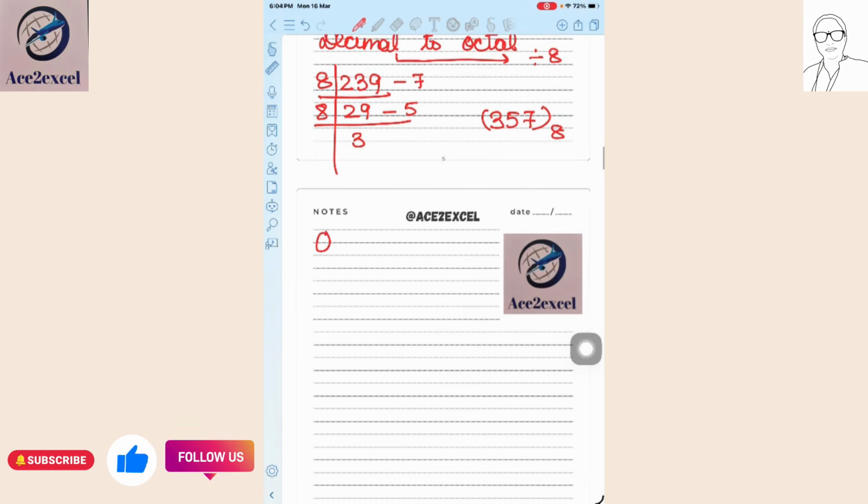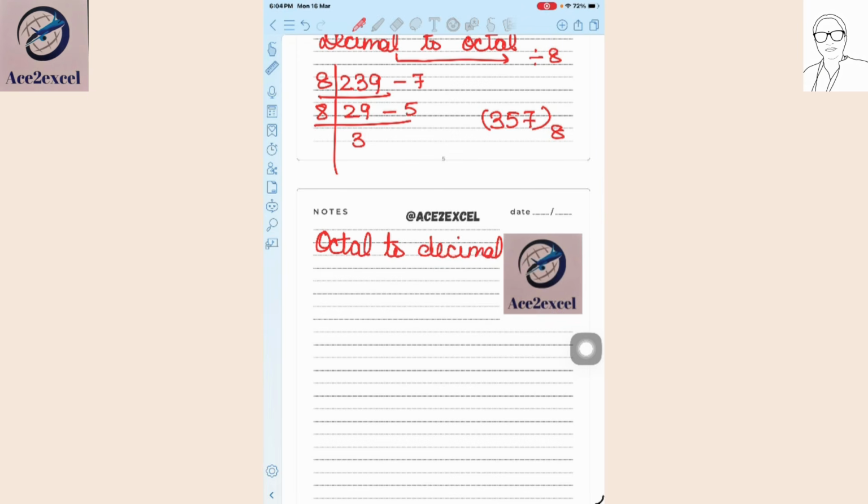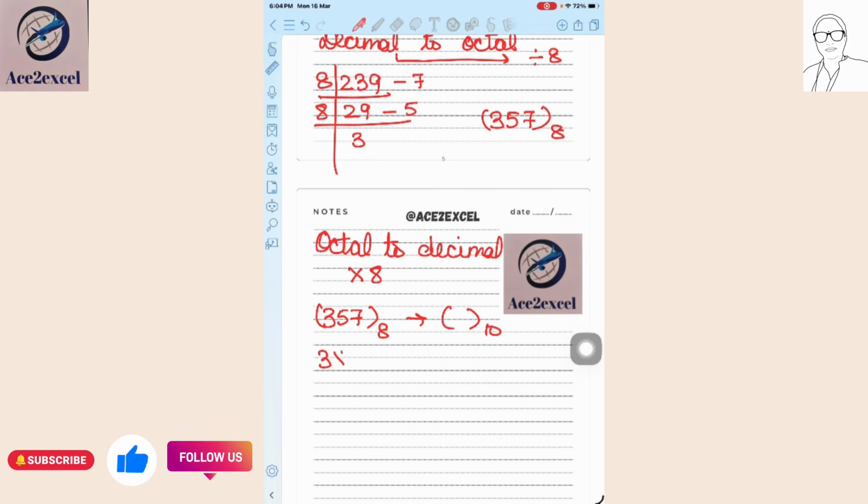Let us have the opposite conversion, that is octal to decimal. For this, we will multiply with factor 8. Let us take the same number, 357 to the base 8, to decimal. We'll multiply every octal digit with 8 raised to powers 0, 1, 2 starting from the LSB.